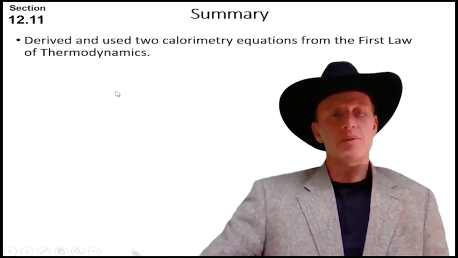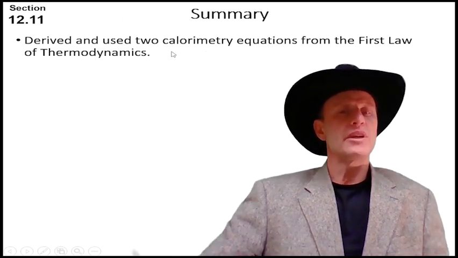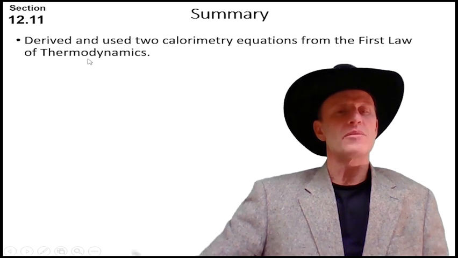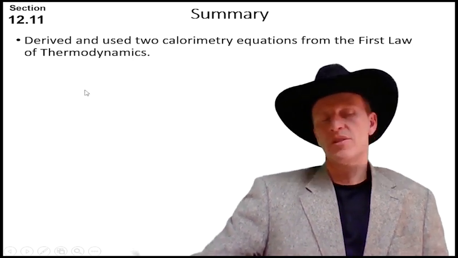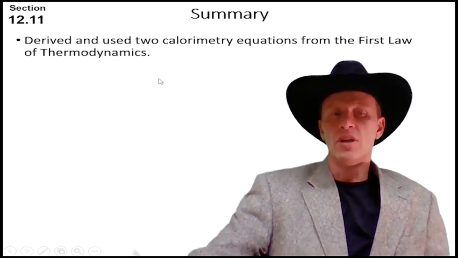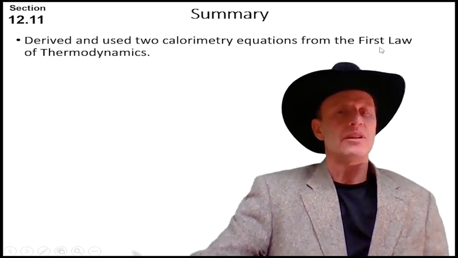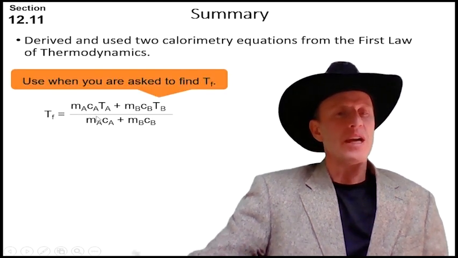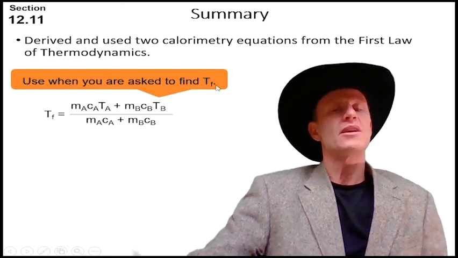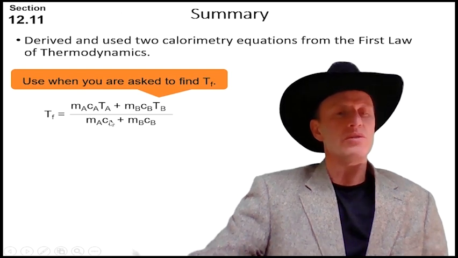So that's it, folks. We got two calorimetry equations that are derived from the law of conservation of energy, or the first law of thermodynamics, which is basically a restatement of the law of conservation of energy. One is the big fraction. So when you're asked to find the final temperature of a mixture, you want to use the big fraction.